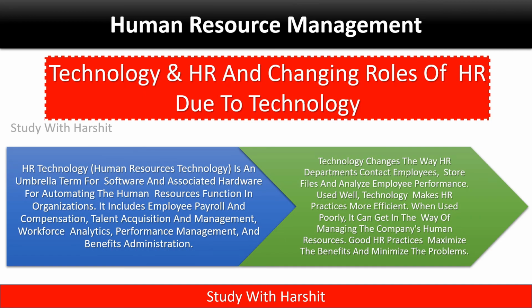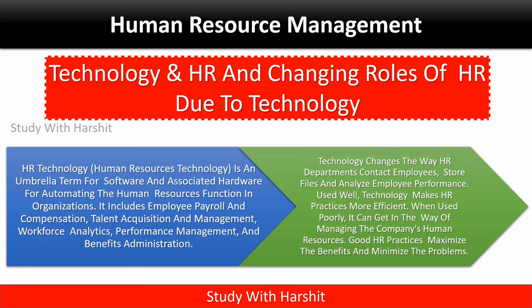Technology and HR, and the changing role of HR due to technology. HR technology is an umbrella term for software and associated hardware for automating the human resource function in organizations. It includes employee payroll and compensation, talent acquisition and management, workforce analysis, performance management, and benefit administration.